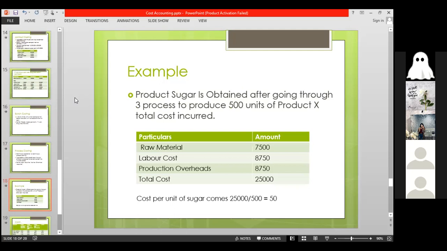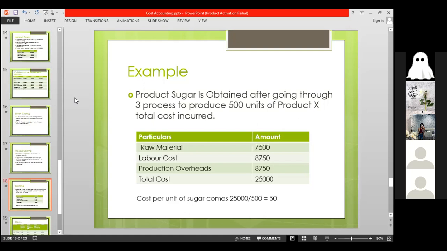The example is similar to what we saw for contract costing. What we see in the cost statement is that the raw material consumed for the process is 7,500, labor cost is 8,750, and production overheads are also 8,750. The total cost for this company is 25,000.